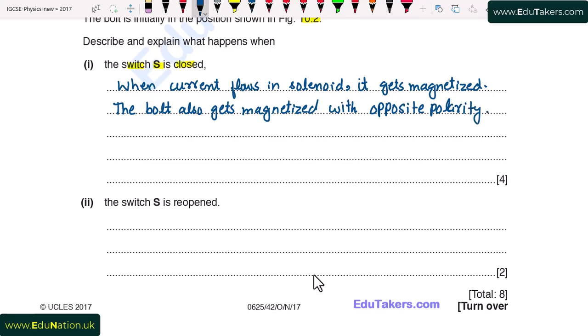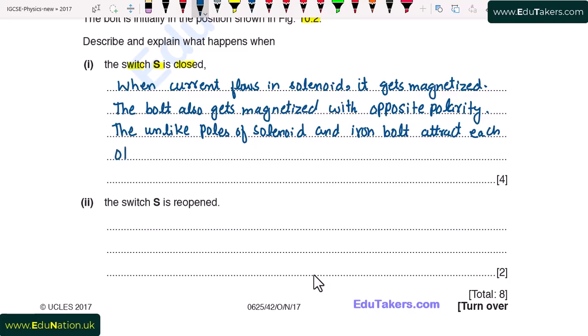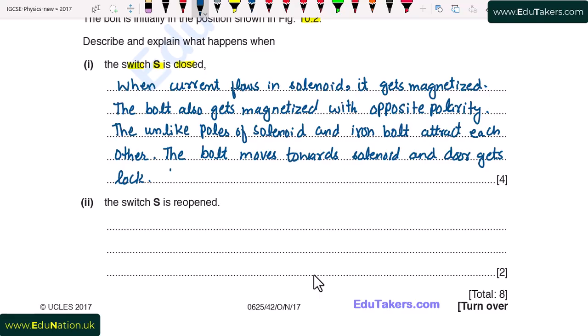The unlike poles of the solenoid and iron bolt attract each other, due to which the bolt moves towards the solenoid and the door gets locked. The spring also stretches.